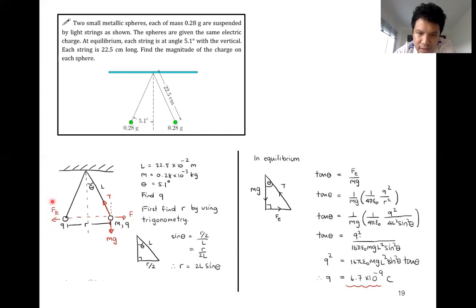When we consider the mechanical equilibrium, we have tan theta equals Fe over mg, and for Fe we substitute Coulomb's law. Then we work out this calculation until we have the Q. Details later.